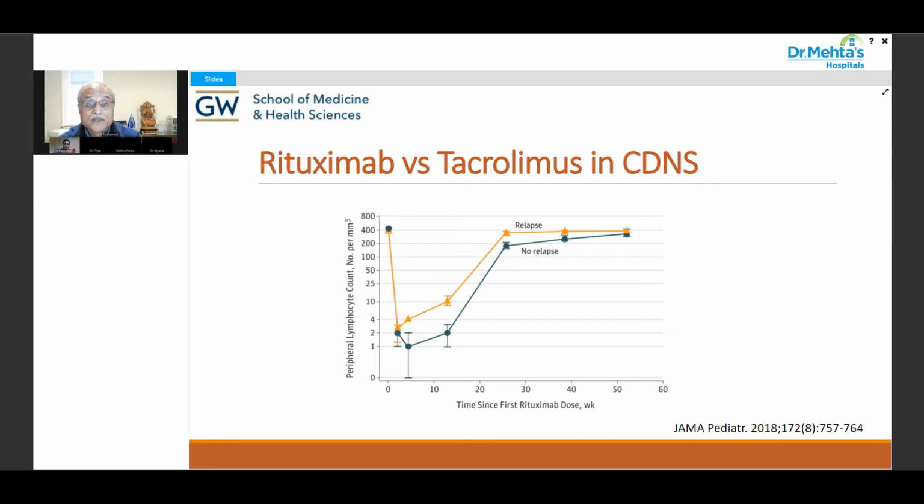So there may be a lesson to be learned that the degree of immunosuppression brought in by the rituximab, which is a CD20 marker attacker that affects the B-cell lymphocyte function.